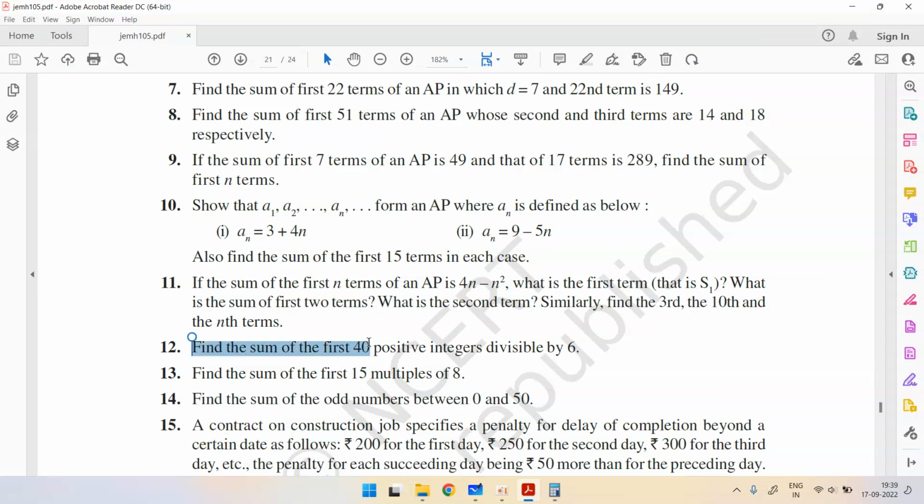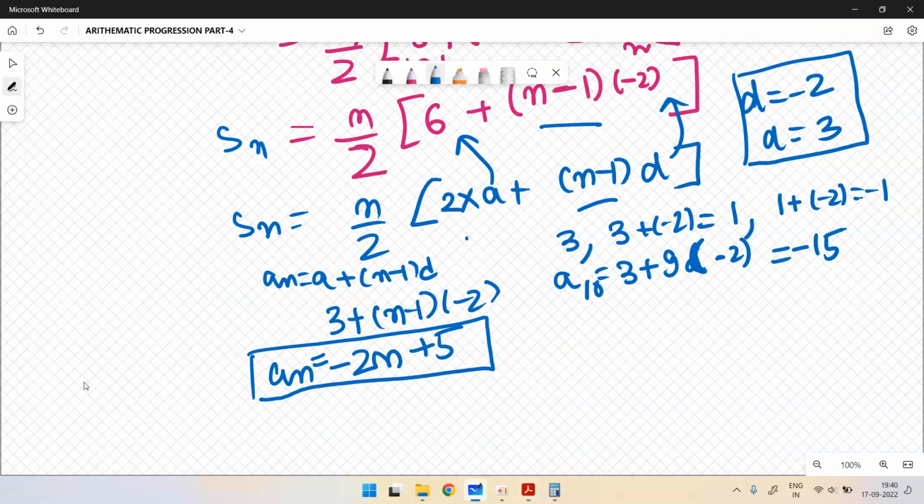Now the 12th question: find the sum of the first 40 positive integers divisible by 6. This is not a very good question, but still.